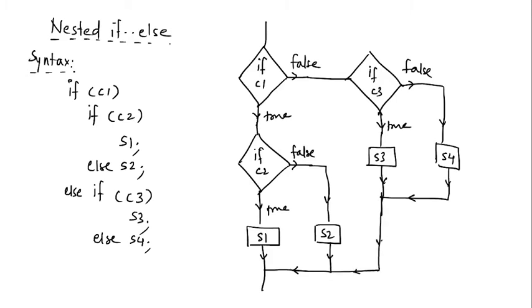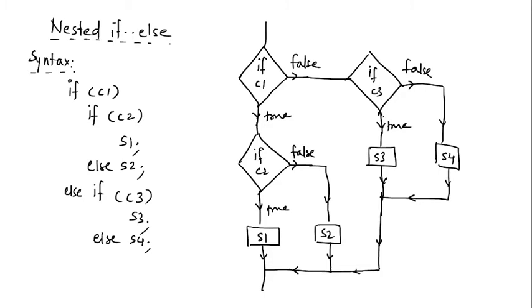Okay, you can see this is how the flow would be. So this C1 would decide whether this if else of C2 would be executed or that of C3 will be executed. Fine, so this is how a nested if else can be visualized.